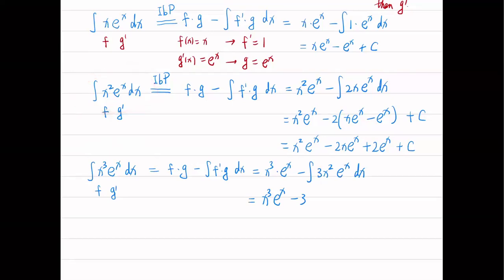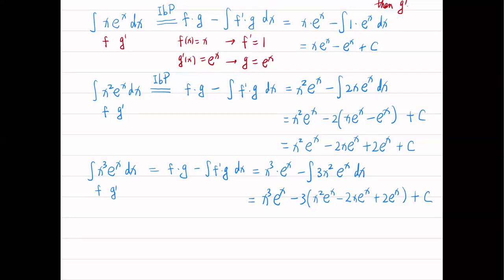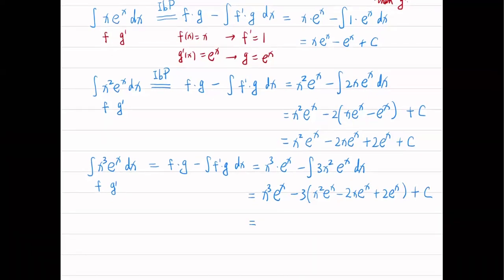We found that the integral of x squared e to the x is this. We subtract 3 times of it. Again, an integration constant, and then distribute.